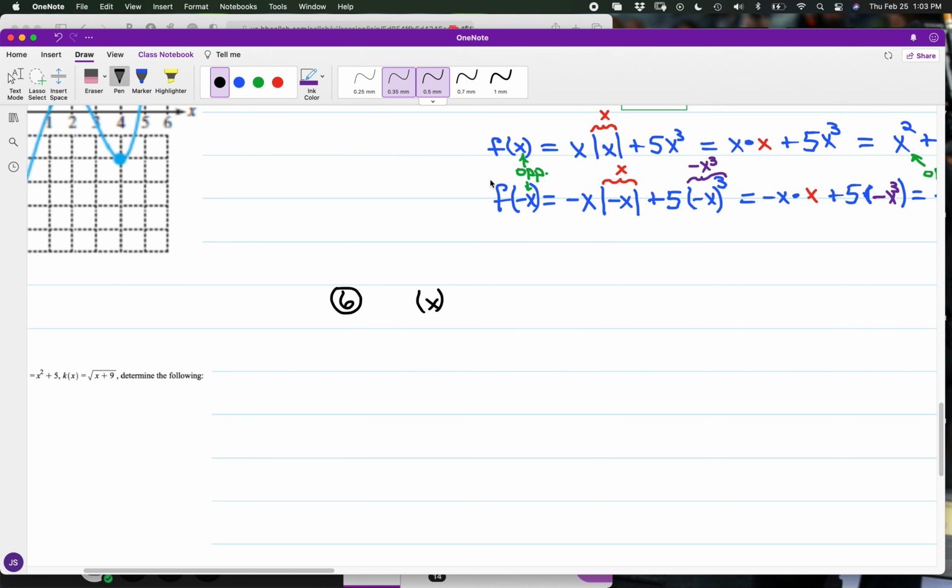Doesn't change the purpose, just a different letter. Okay, so you have g of x is equal to 2 over x plus 3. So for g of x, we have just 2 over x plus 3.